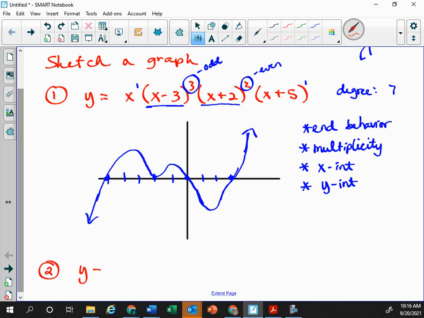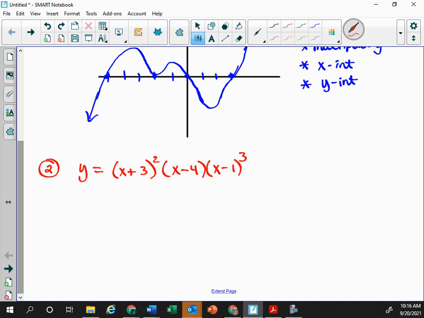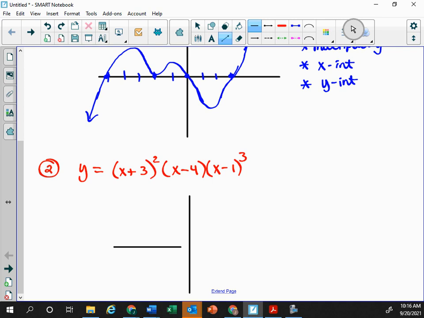So same idea. Okay, so sketch the graph again. And yes, you will have to actually find your y-intercept this time. Give me a minute to try.